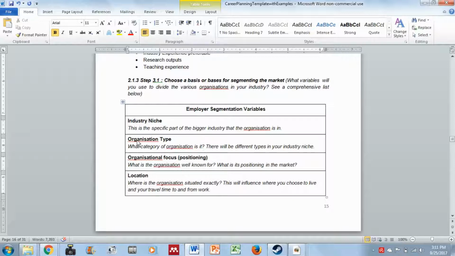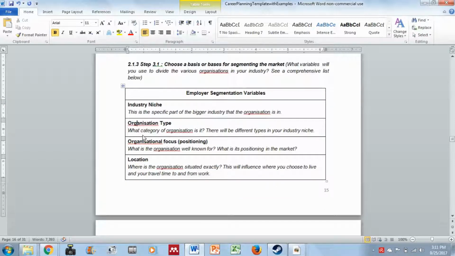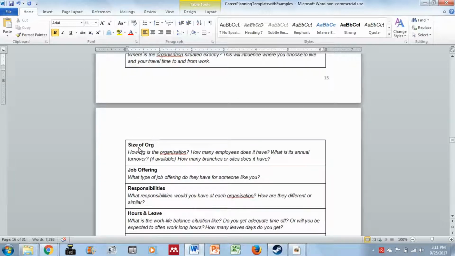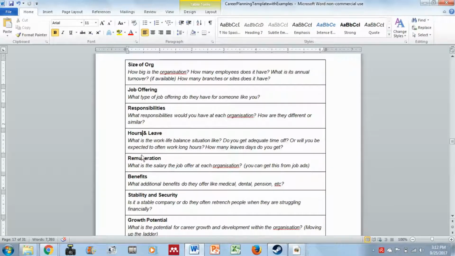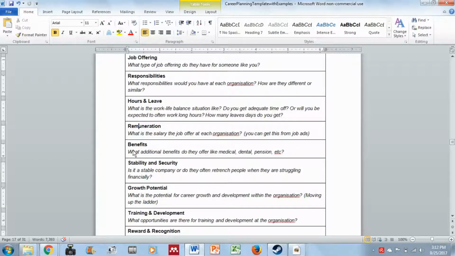Industry niche, organization type, what category of organization is it? Organizational focus, what do they focus on as an organization? Where are they located? What is their size? What is their job offering? What responsibilities would you have? How many hours and how much leave would you get at that organization? What's the remuneration like? What benefits do you get?